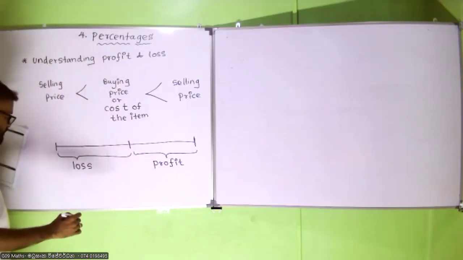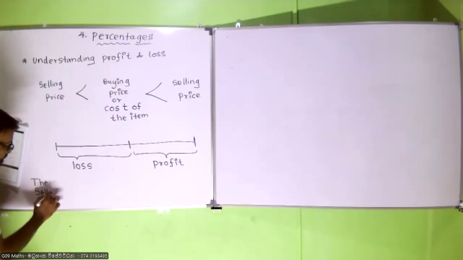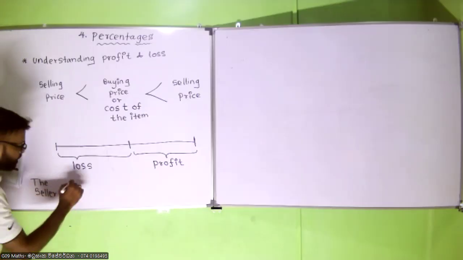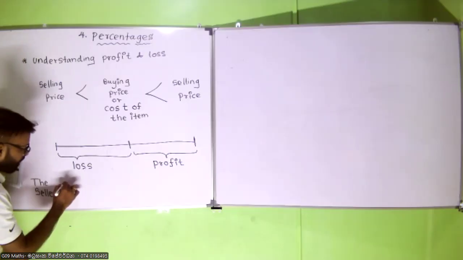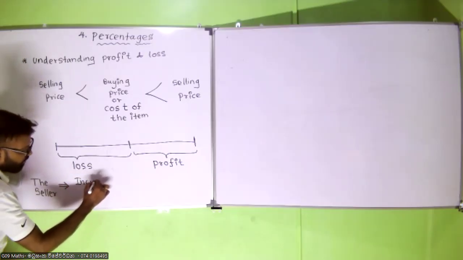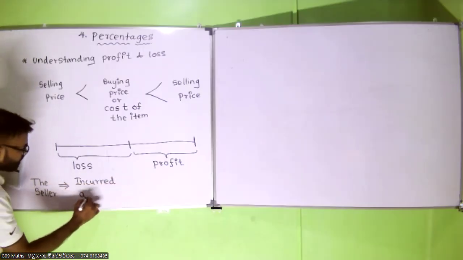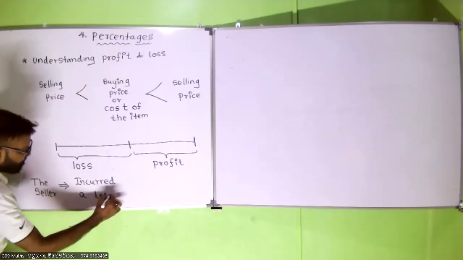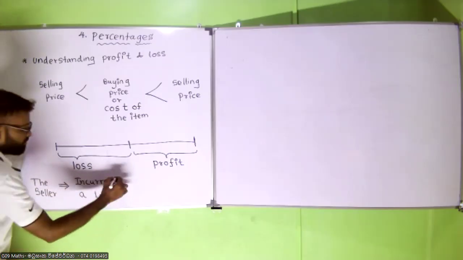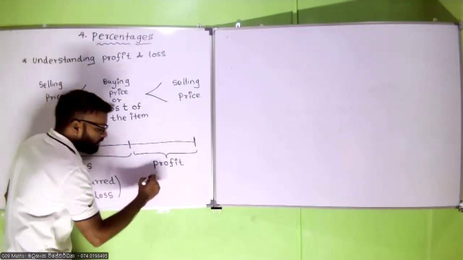When it comes to the seller, we say the seller incurred a loss. When it comes to the profit, earned a profit.